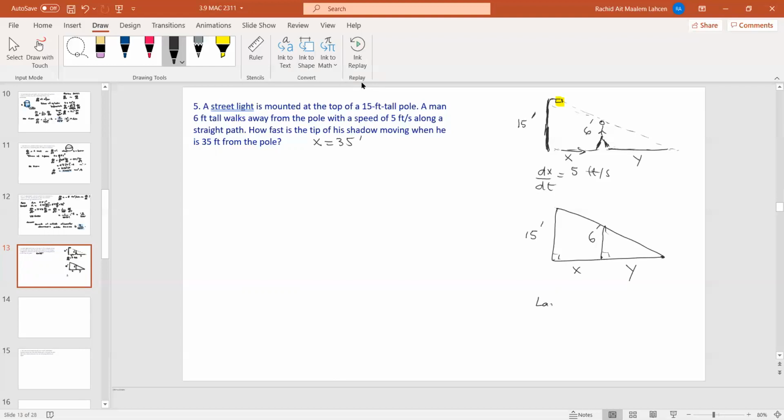The large triangle has the 15 and this thing at x plus y, and the small triangle is the 6 and the y.